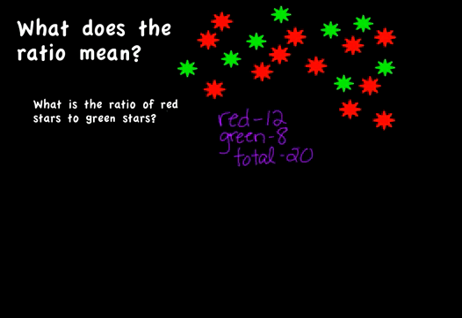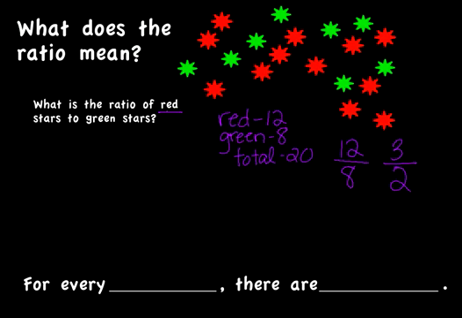Good. So for this question, it says, what is the ratio of red stars to green stars? Okay, well, red was 12, green is 8, and that could be simplified by 4, and we would get 3 to 2. All right, so back to our question of what does that actually mean? We have a sentence that is really the answer every time we ask this question.